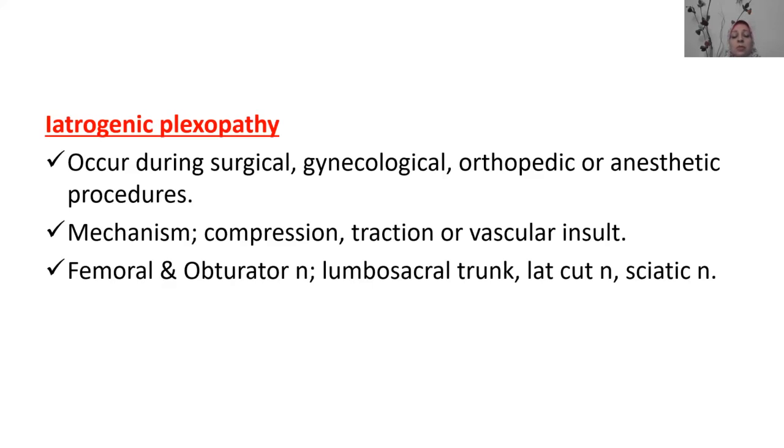The mechanism is either direct compression over the plexus, traction, or vascular insult to the plexus. The femoral and obturator nerves are more affected. Then come the lumbosacral trunk, lateral cutaneous nerve of the thigh, and sciatic nerve.